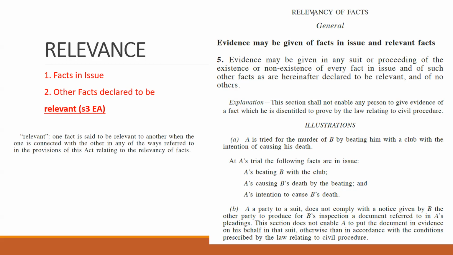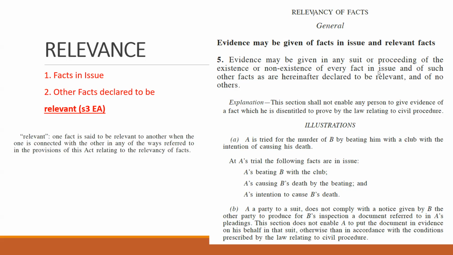Evidence can only be given in any suit, that means civil and criminal whatsoever, regarding existence or non-existence. Existence means the DPP wants to show that the murder indeed took place. The defense, the accused, will definitely show non-existence of this fact.